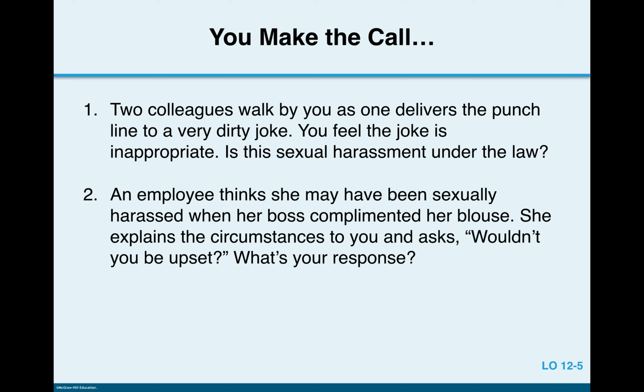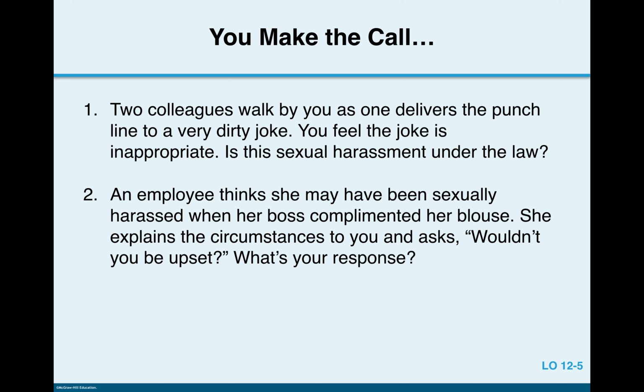And then the second one: an employee thinks that she may have been sexually harassed when her boss complimented her blouse. She explains the circumstances and asks, wouldn't you be upset? What is your response? Without actually knowing what was said, that could be viewed in different ways.